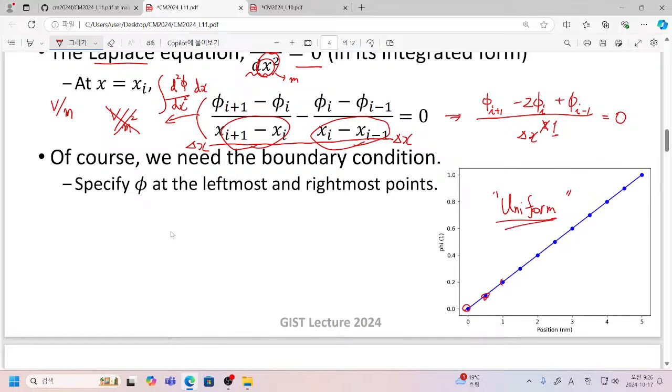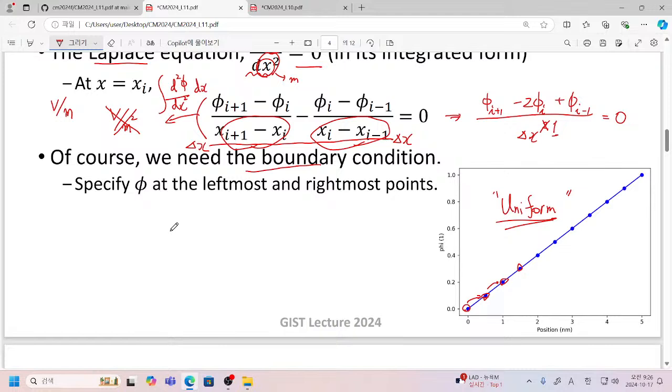For example, here and here and here we have the same distances, so it's not that interesting, but if you are interested, please introduce a non-uniformly distributed mesh and try to solve this one. Of course, before wrapping up the first part of our lecture, I want to say that we need the boundary condition. So up to now we have thought about the discretization of the Laplace equation itself.